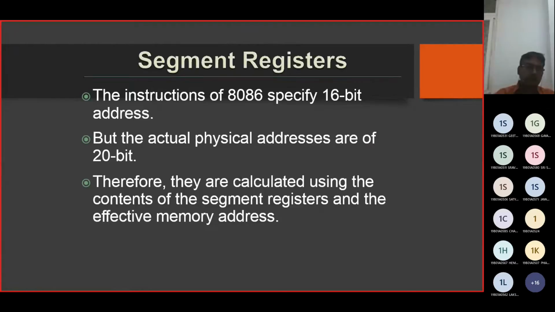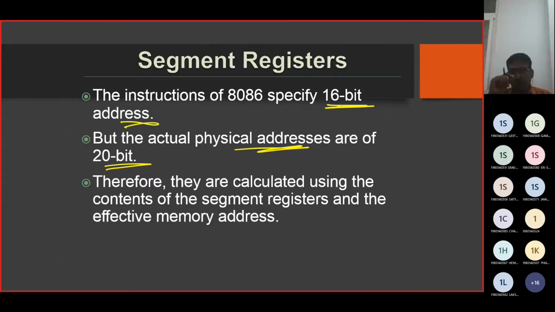The segment registers hold only 16 bits, whereas physical addresses hold 20 bits. Now the problem arises. The segment register holds 16 bits, whereas the physical address holds 20 bits.